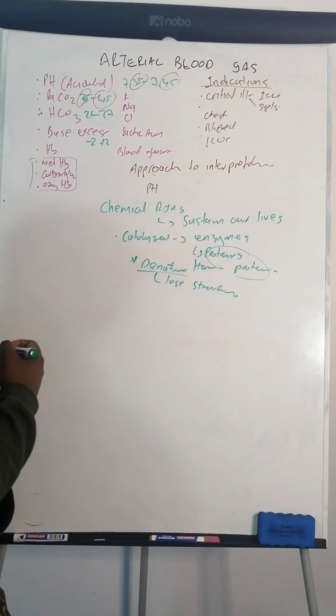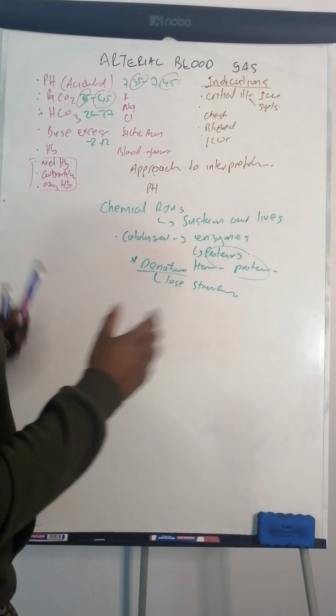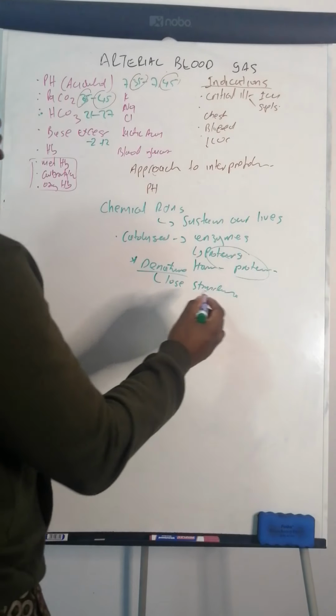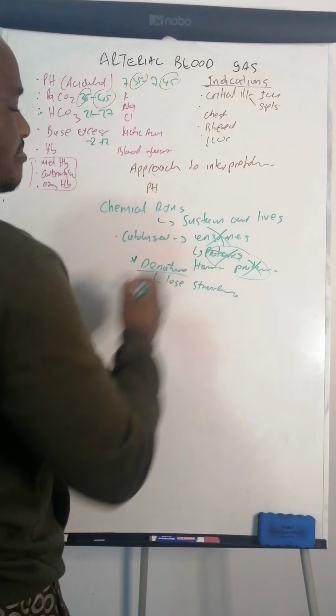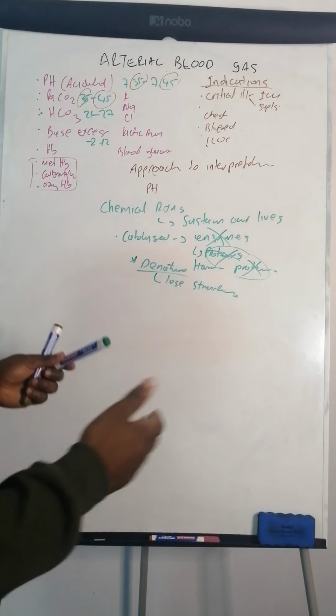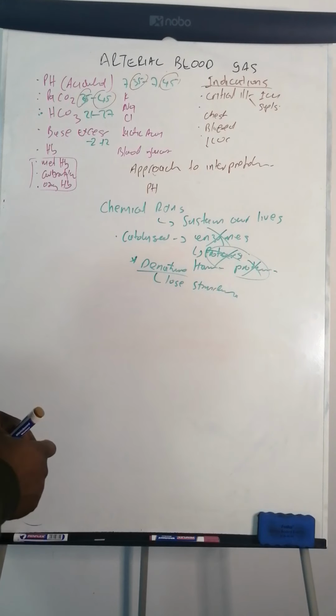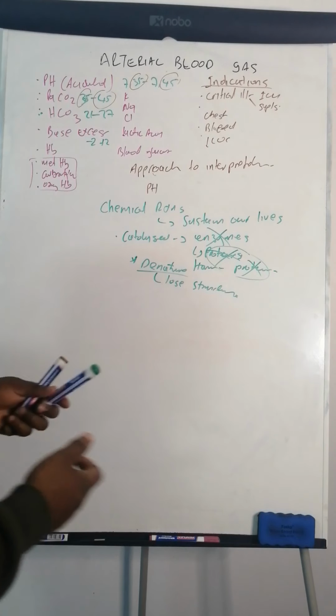So if you have high temperatures or low temperatures or extreme changes in your pH, you will denature the proteins. And once you denature the proteins, you denature the enzymes, because many enzymes are proteins. And also, like we said, many hormones are also proteins. So remember, many of our glands communicate via hormones.